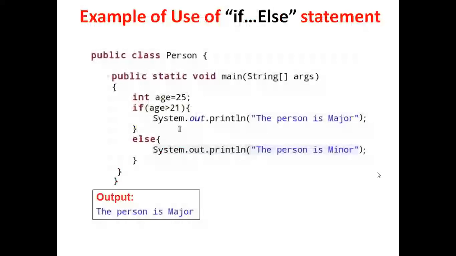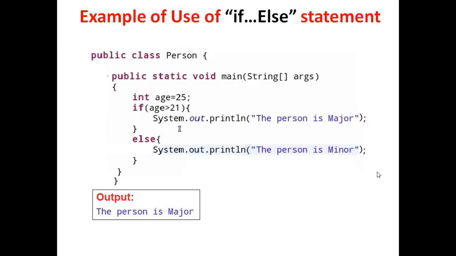We'll see one example of this. Same class, we have created a class named person, in which we have written the main function. In the main function, we have written an integer variable age equal to 25, and we have written an if condition: if the age is greater than 21, that line will be executed.